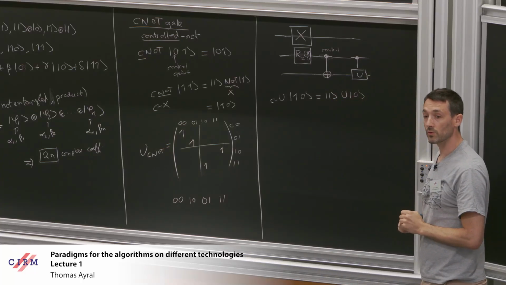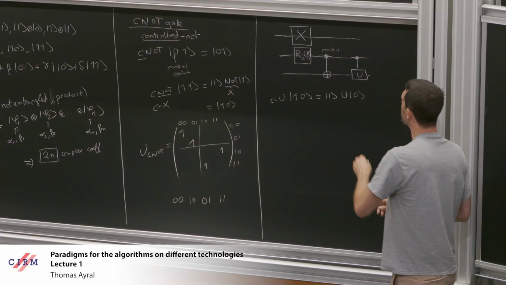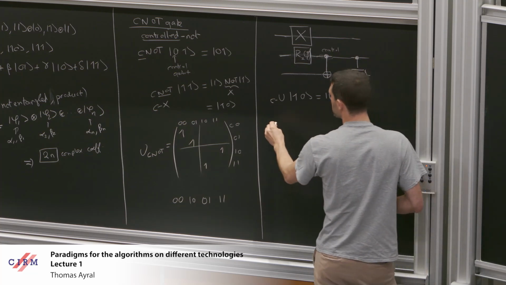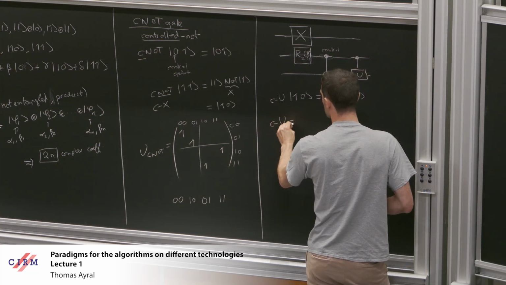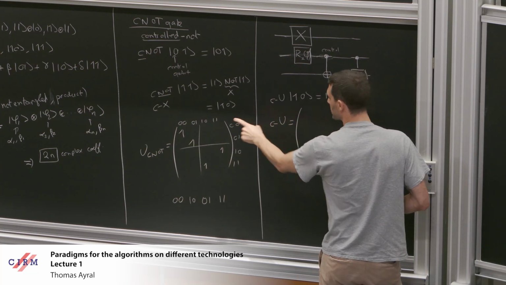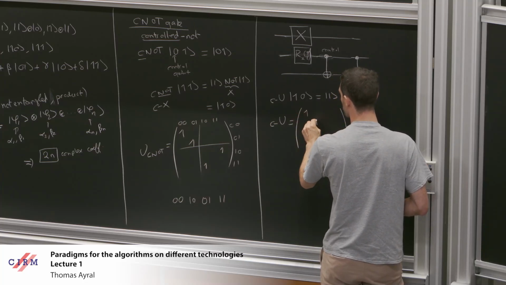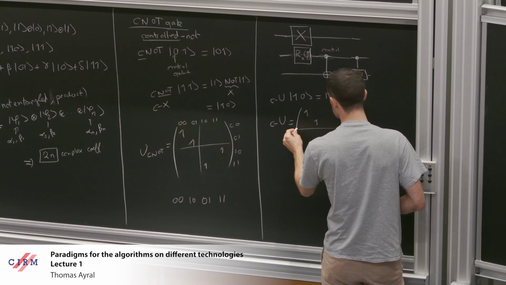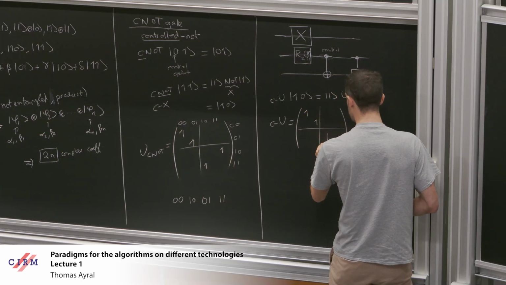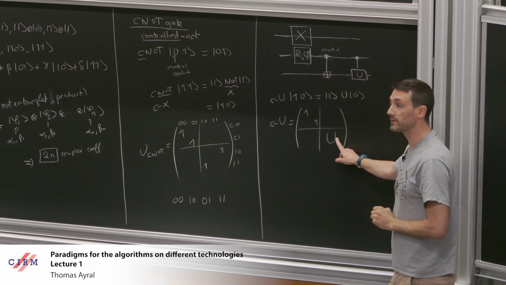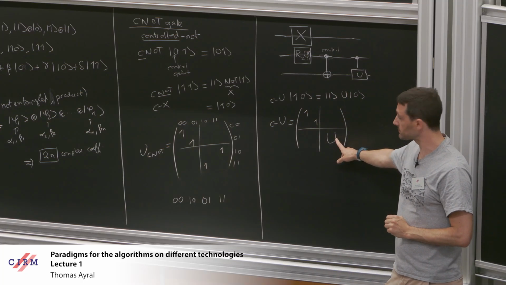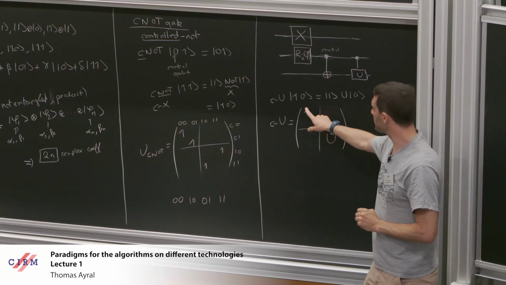That's the definition of these controlled gates. And now if I write the matrix of this gate, control U, still in the same basis, you can easily see that the first two states which have 0 on the control are unchanged. And then the other states are changed according to the unitary matrix describing U. Okay, so you can have that in mind.